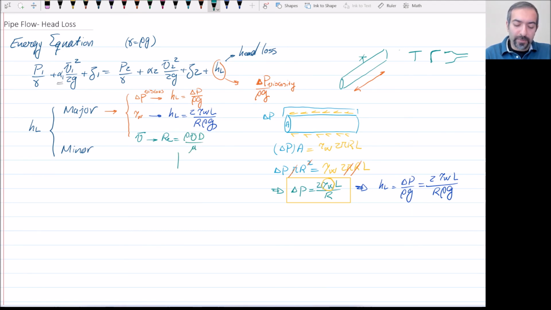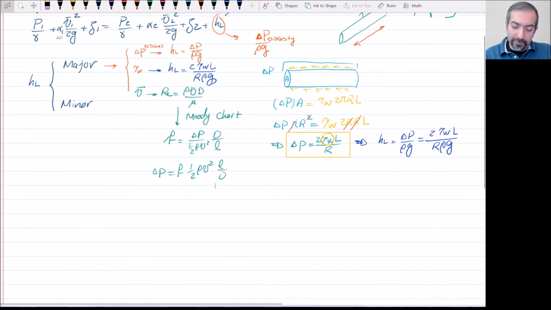Then we go to the Moody chart, and from there we can calculate the friction factor, F. What is F? F is delta P over 1/2 rho V squared times D over L. Once we have F, we can calculate delta P. So delta P is equal to F times 1/2 rho V squared times L over D.